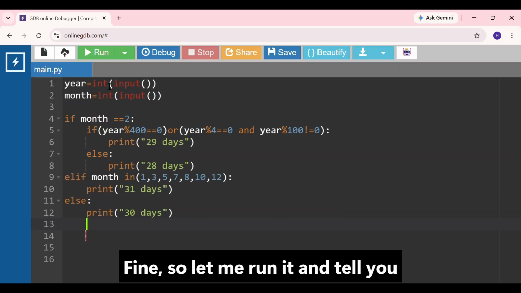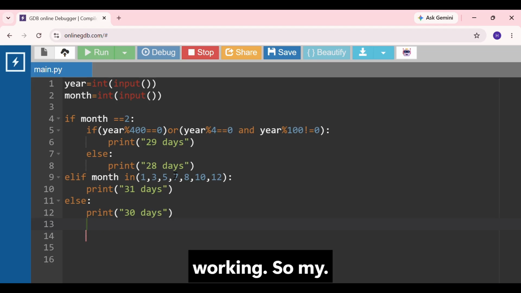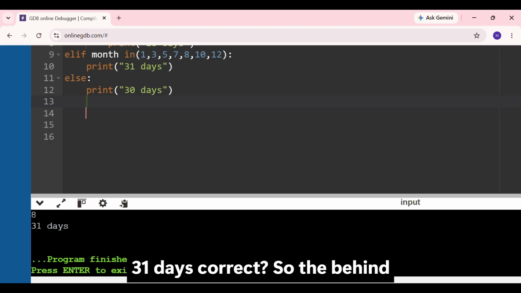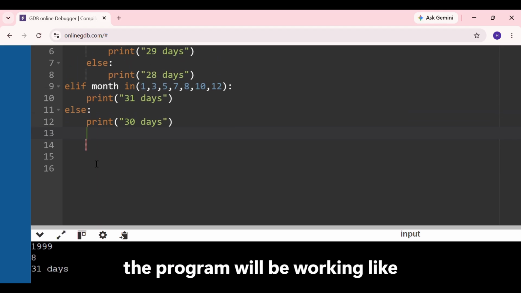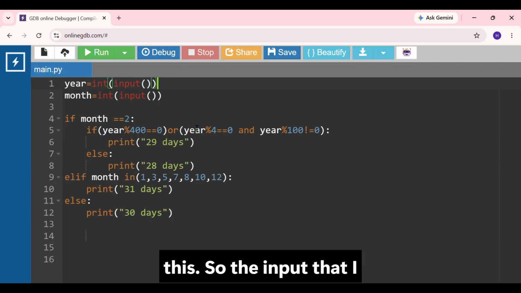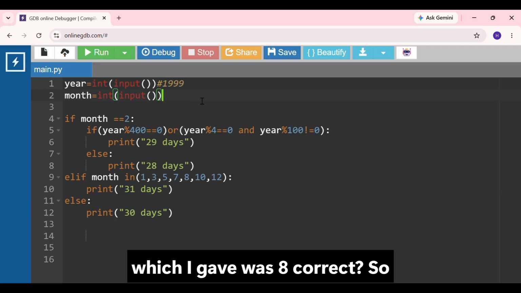Fine, so let me run it and tell you how this particular program is working behind the scenes. So my input is 1999, 8th month, 31 days, correct? So behind the scenes the program will be working like this. The input that I gave was 1999, and the month which I gave was 8, correct?